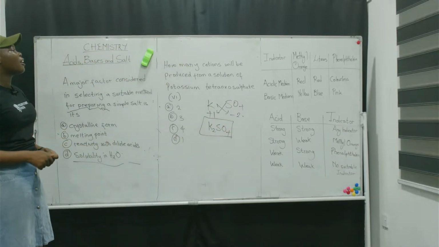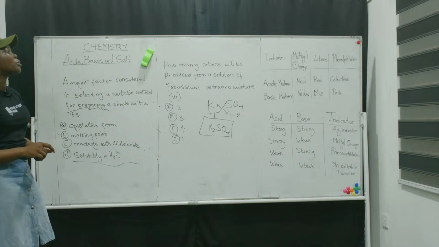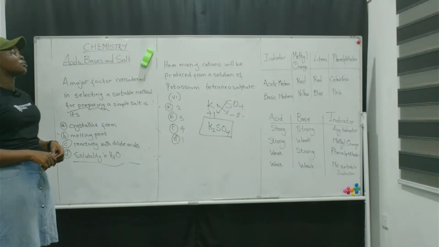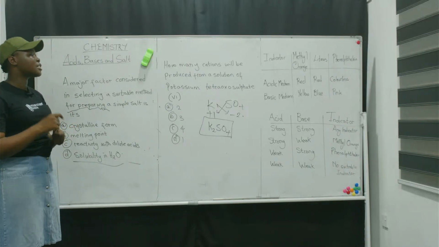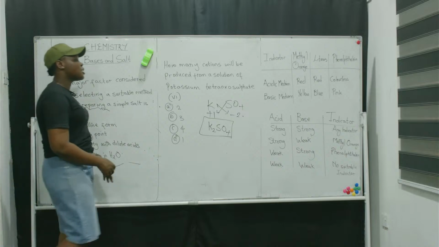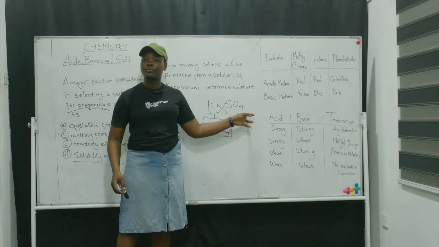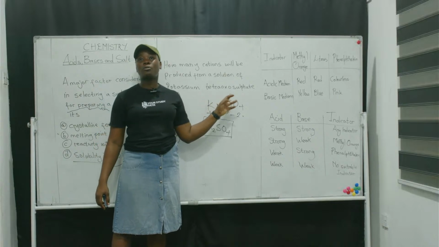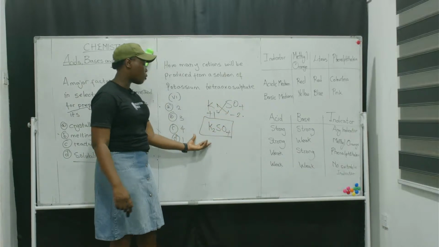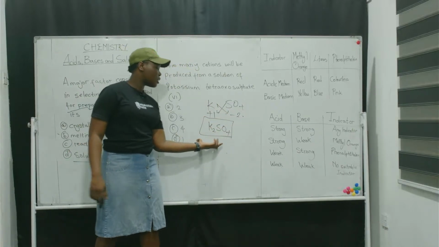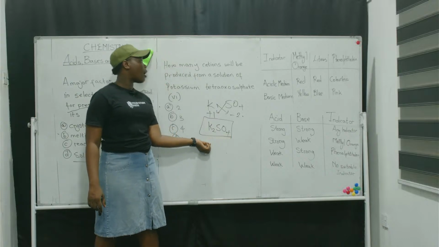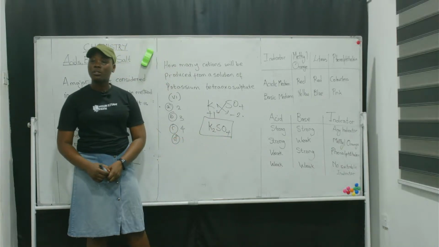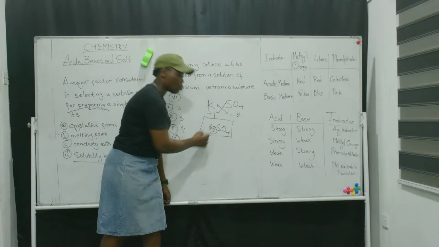Here I'm being asked how many cations will be produced from a solution of potassium tetraoxosulfate 6. We know this is the cation, this is the anion. Potassium is the cation, tetraoxosulfate 6 is the anion. So from this formula, how many cations will be produced? Definitely 2.